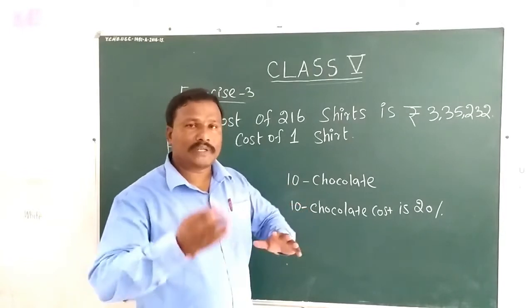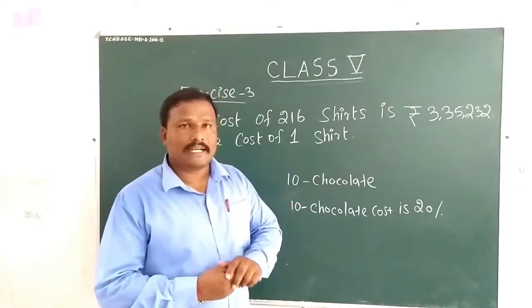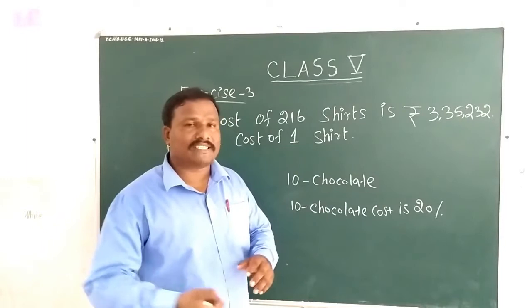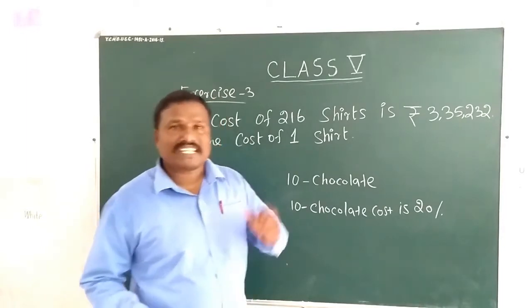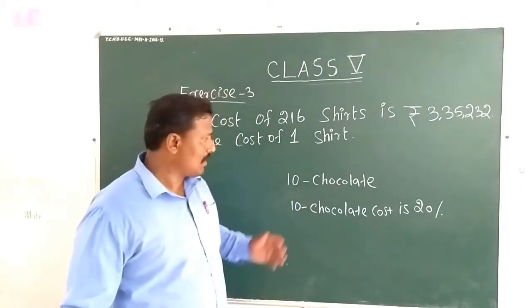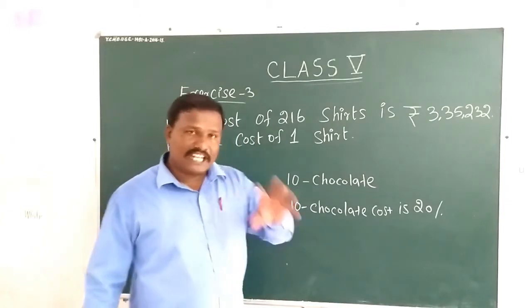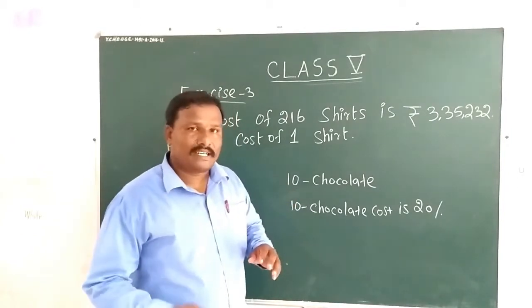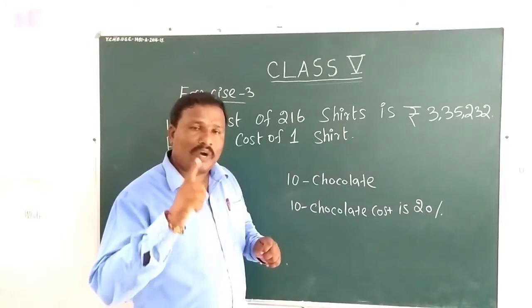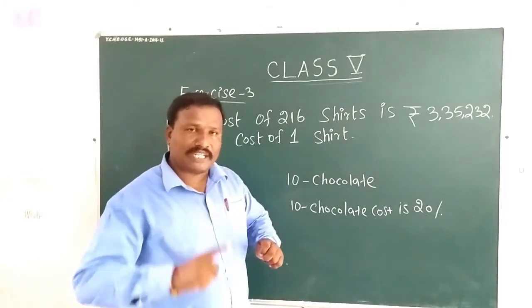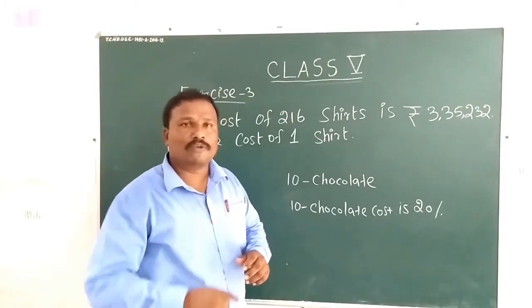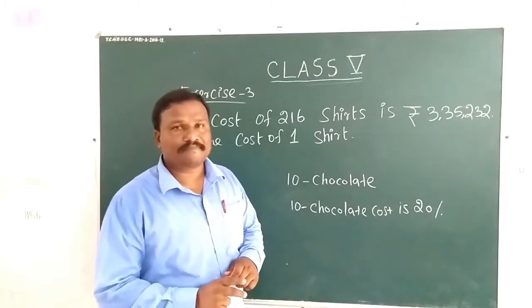Okay. The shopkeeper gave you 10 chocolates, and you gave 20 rupees. Then you come home, and your mother or father asks you what is the cost of each chocolate, because you purchased 10 chocolates for 20 rupees. Do you know the price of one chocolate? So how will you calculate?